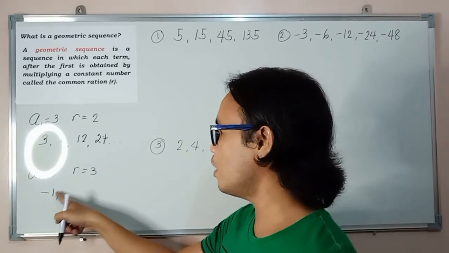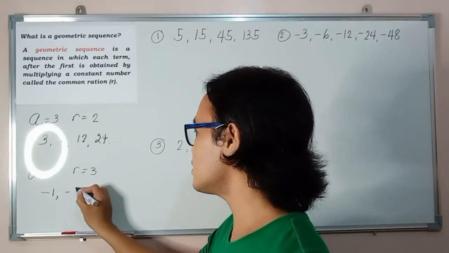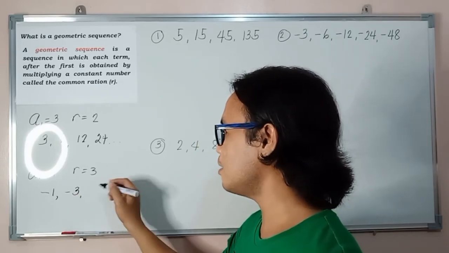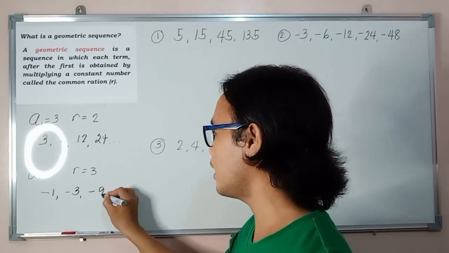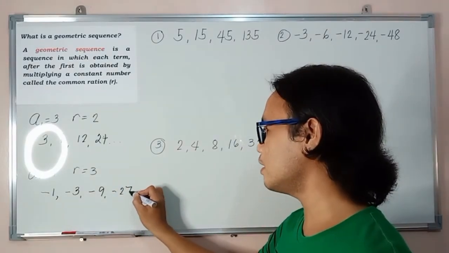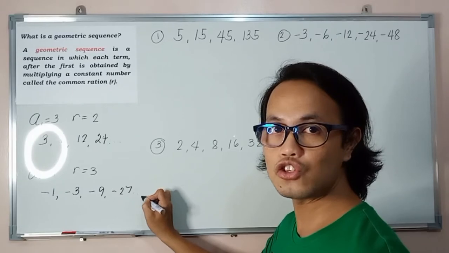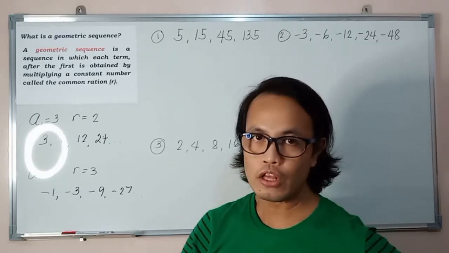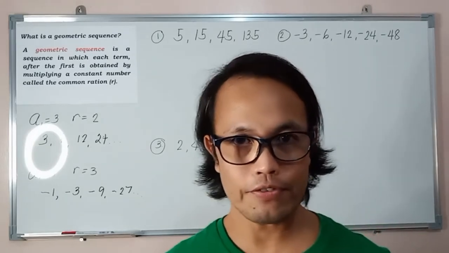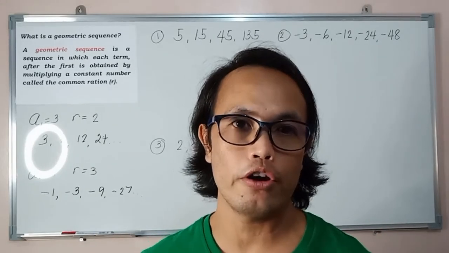So that is negative 1 times 3 will give us negative 3. Then continue, we have negative 3 times 3 will give us negative 9. And negative 9 times 3 will give us negative 27, and so on. So that is how to write the terms in a geometric sequence given the first term and the common ratio.